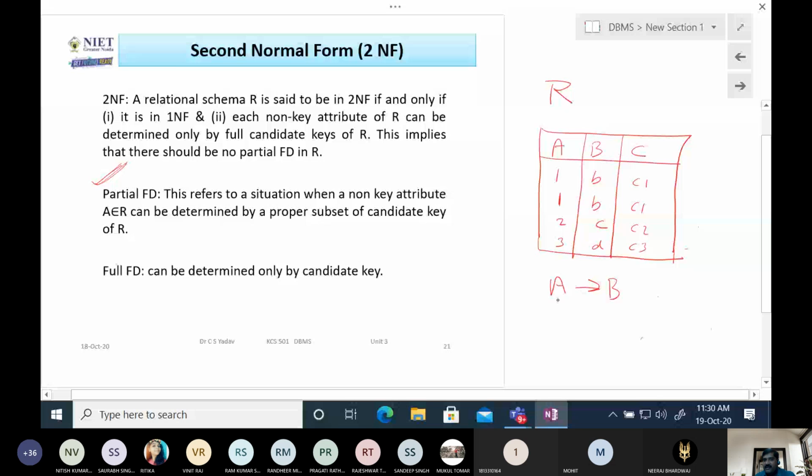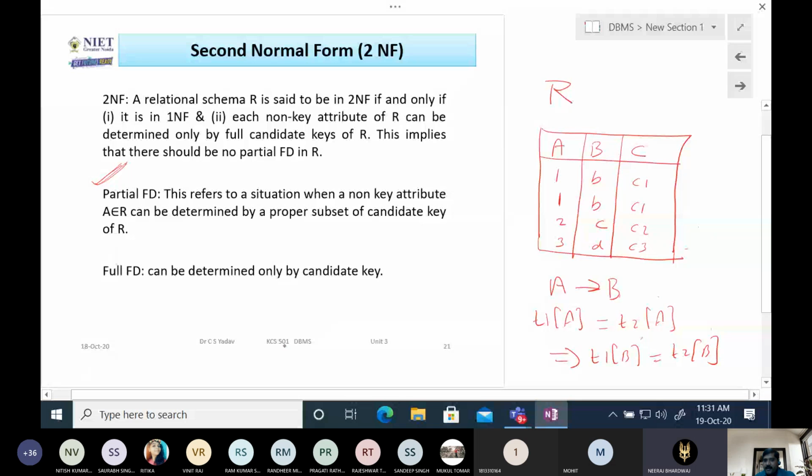If this constraint is satisfied on R, then only we can say that A determines B, or B is determined by A. For any two tuples T1 and T2, if T1 of A is equal to T2 of A, then this implies T1 of B equals T2 of B. If this condition is not satisfied, then you can't say that A determines B. Did you get it?